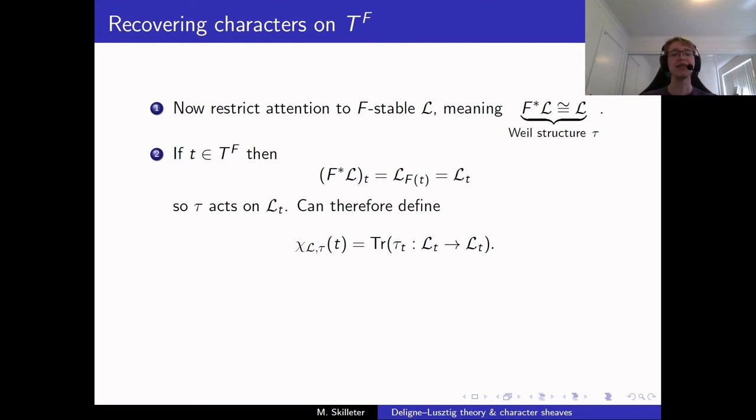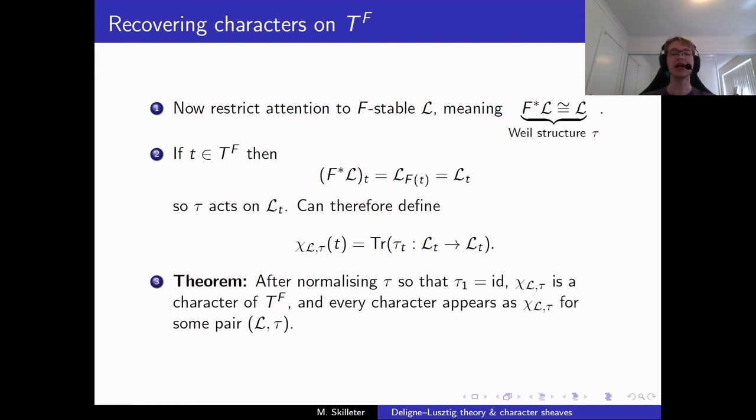I should say that the stalk of L at t is just a finite dimensional vector space, and this trace is just the ordinary trace of a linear map. Now, a really important theorem is that after normalizing tau so that the induced map on the stalk at the identity is the identity map, chi_{L,tau} is a character of T^F. And moreover, every character appears as chi_{L,tau} for some pair (L, tau).